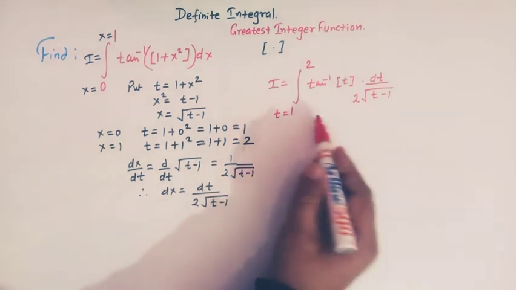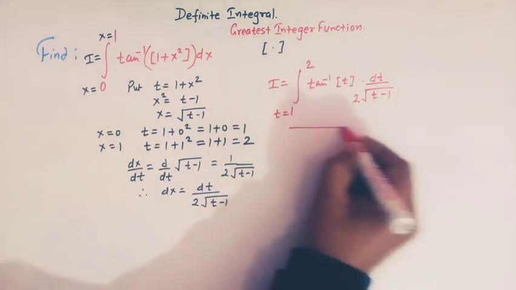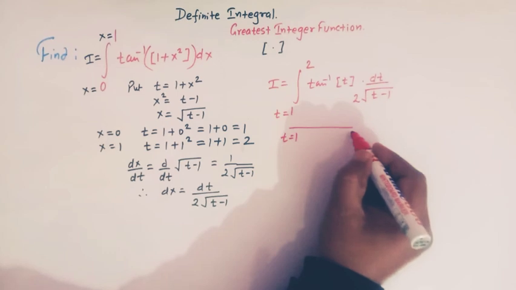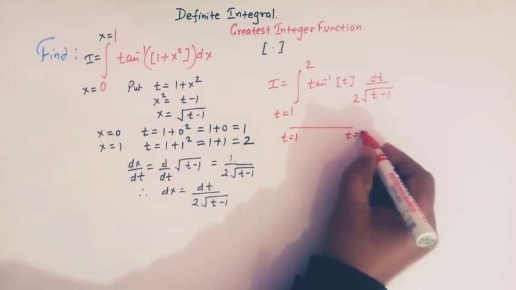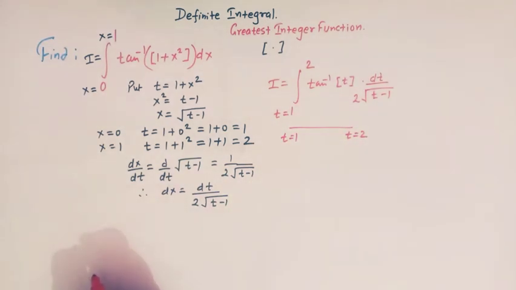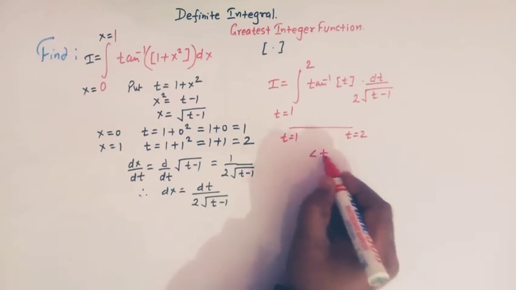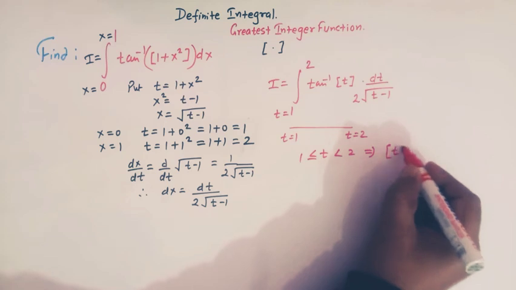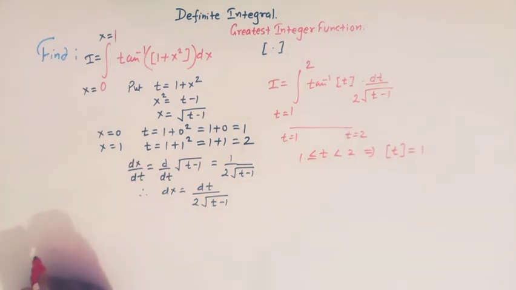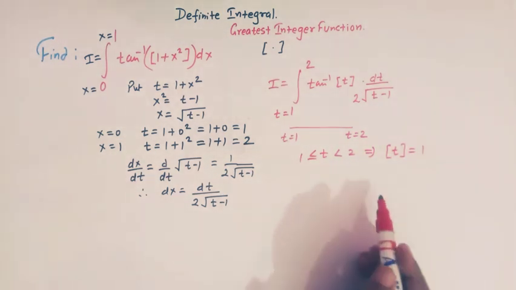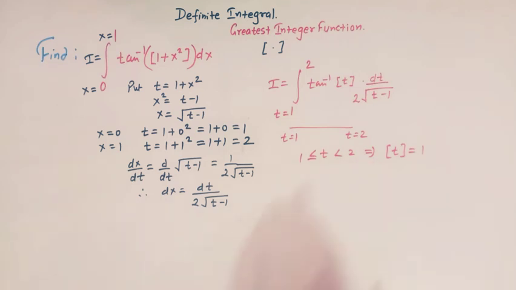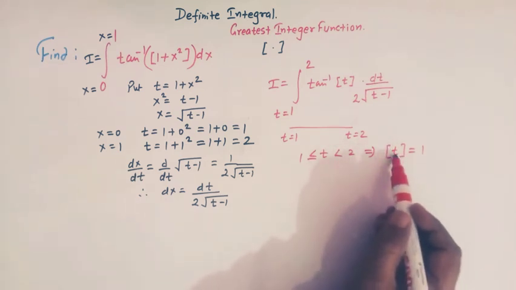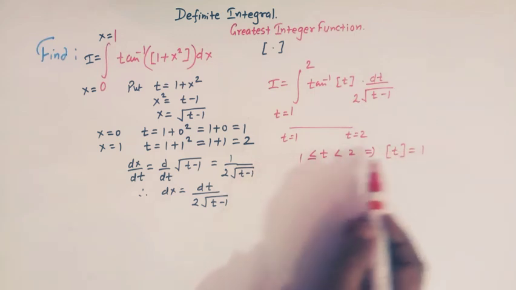Now viewers, here we see that the value of t varies from t is equal to 1 to t is equal to 2. So when t lies between 1 and 2, then obviously the value of greatest integer t is equal to 1, because from the definition of greatest integer, we know that it represents the greatest integer less than or equal to t.